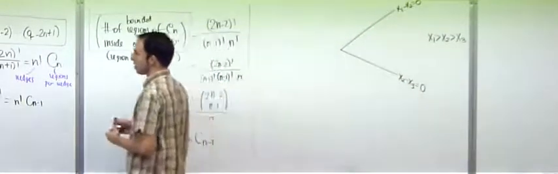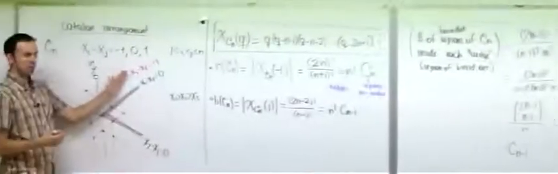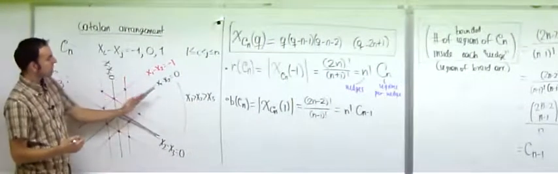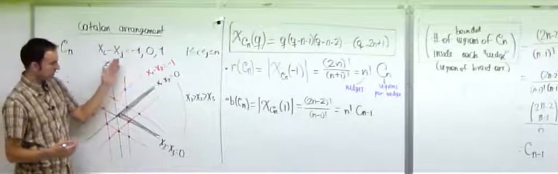And then, for example, let's look at the hyperplanes x1 minus x2 equals minus 1 and x1 minus x2 equals 1. Okay? So you notice one of them is outside the region and one of them crosses the region.